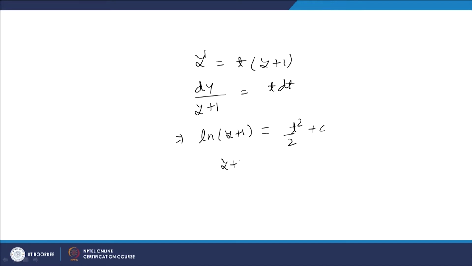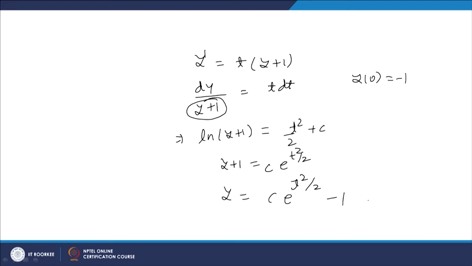So, we can write y plus 1 equal to e to the power t square by 2, and we can consider this constant as e to the power c. So, you can write y equal to c e to the power t square by 2 minus 1. That is what we generally used to do.